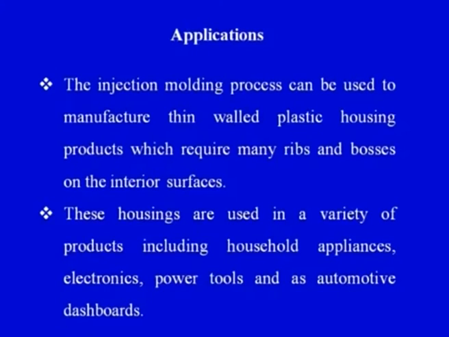Inside the body of the drill, there would be many ribs and additional attachments. So it is a complicated product, the plastic housing of a hand drill, which can be made by the injection molding process. The process can be used to manufacture thin walled housing products, where the cross sectional thickness is less, which require many ribs and bosses on the interior surfaces.